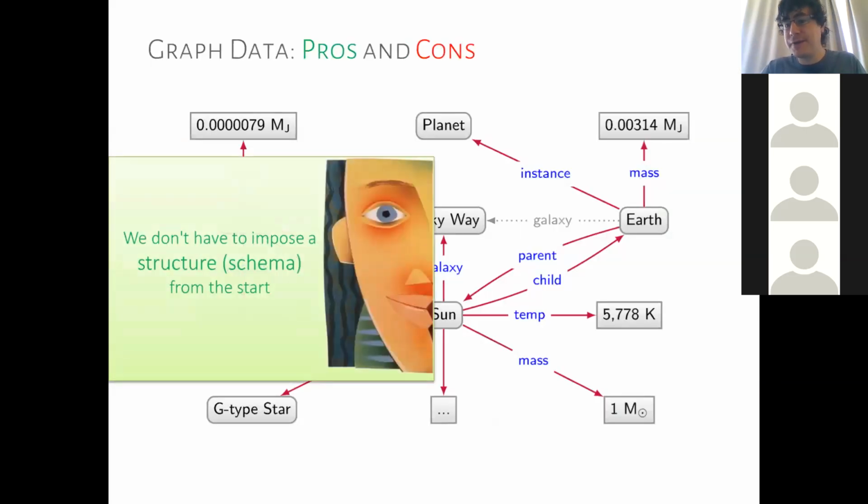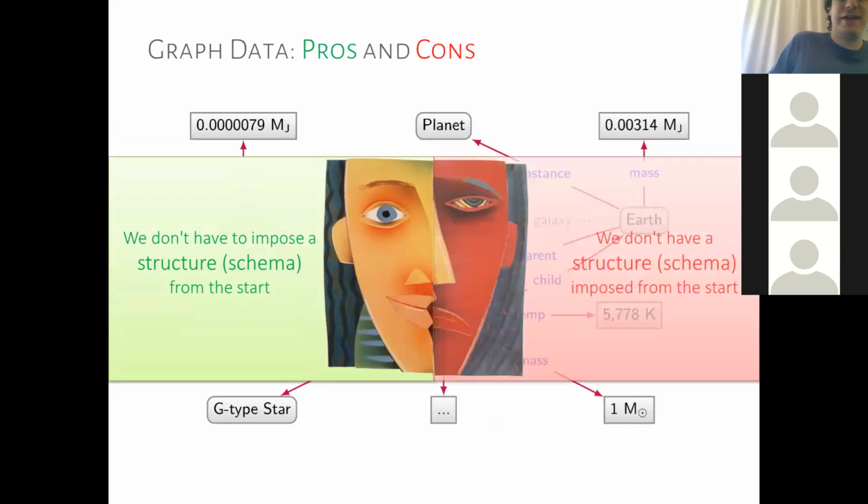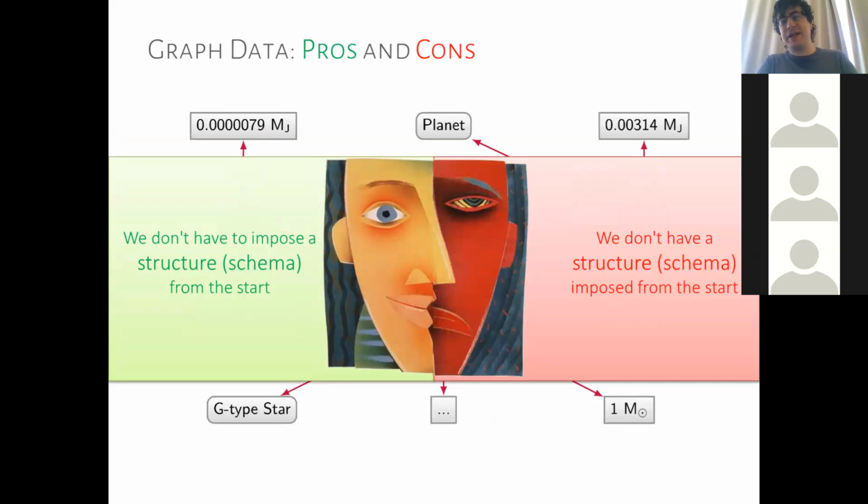On the other hand, graphs, what are the pros and cons? The pro is that we don't have to impose a structure or schema from the start. And the con is that we don't have a structure imposed from the start. So what does that mean? It means we're much more flexible, but people can add whatever data they want. It's not necessarily the case that they're going to follow the existing examples. They can introduce new types of predicates, new edge labels.